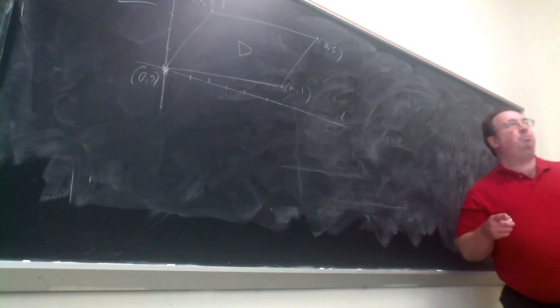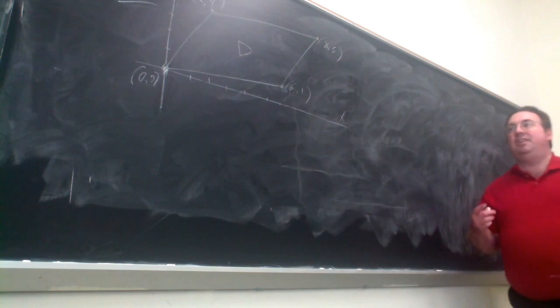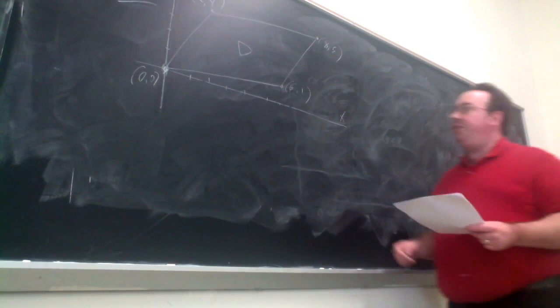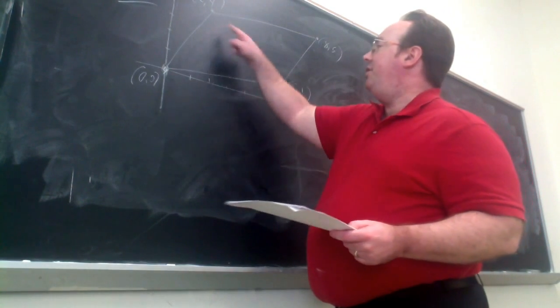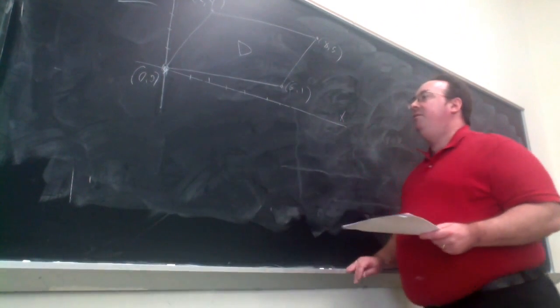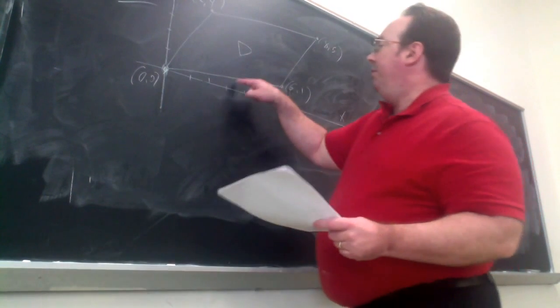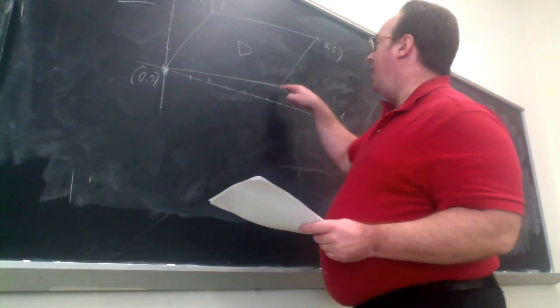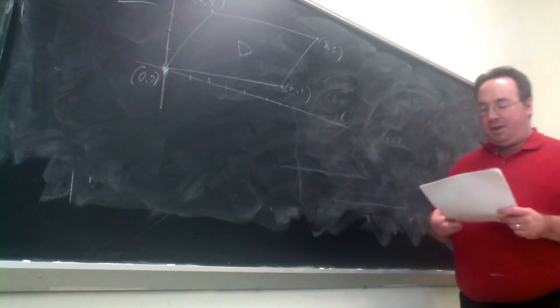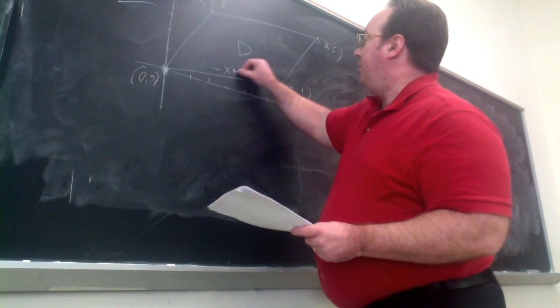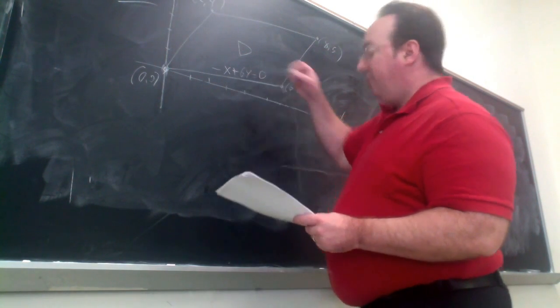And in fact, the problem on the practice test is similar to this. Because what you can do is find the equations of these line segments that make up the parallelogram. So in this case, we have a line that has a slope of 1/6, but you can write it as minus x plus 6y is equal to 0.